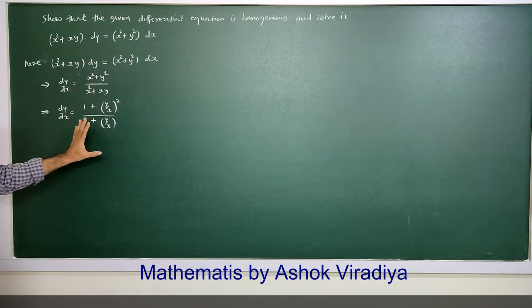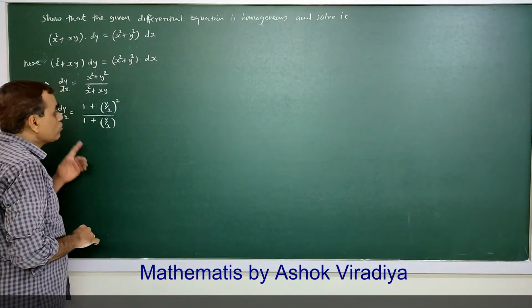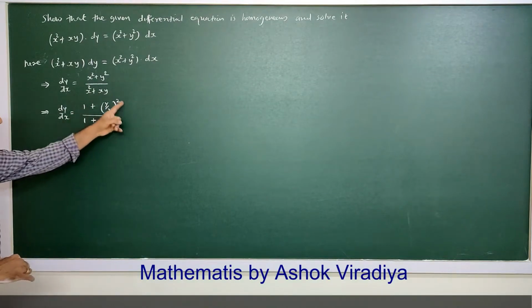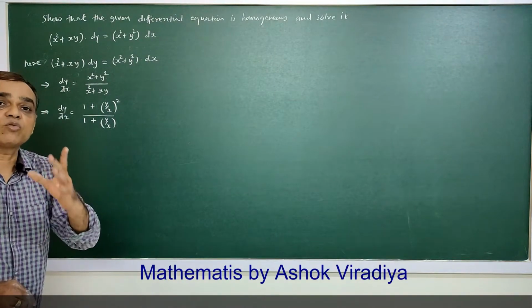And you can see that RHS is a homogeneous function of degree 0.